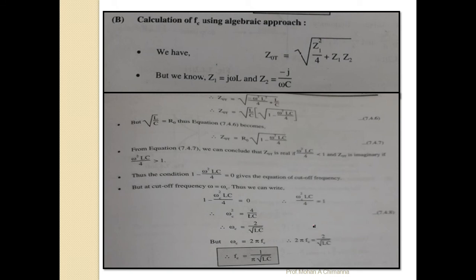Then next is the calculation of FC using the algebraic approach. The total series arm impedance is represented by ZOT, which is equal to the root of Z1 square by 4 plus Z1 Z2.